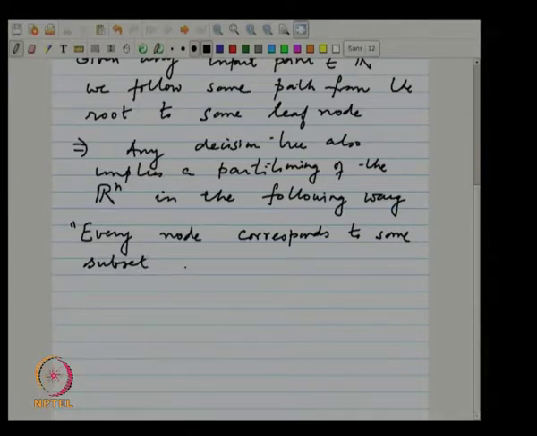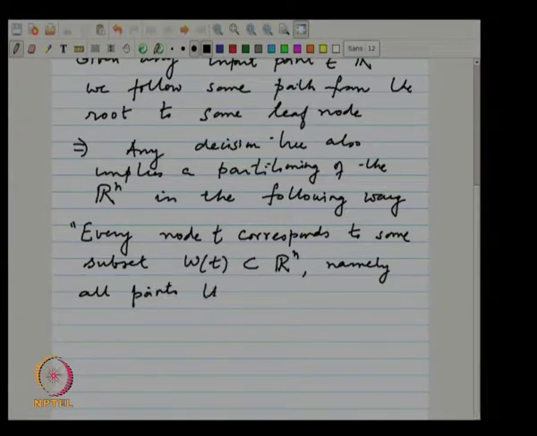Let us call any node T. So, every node T corresponds to some subset, call it W of T, of R sub n, namely all points that pass through T.